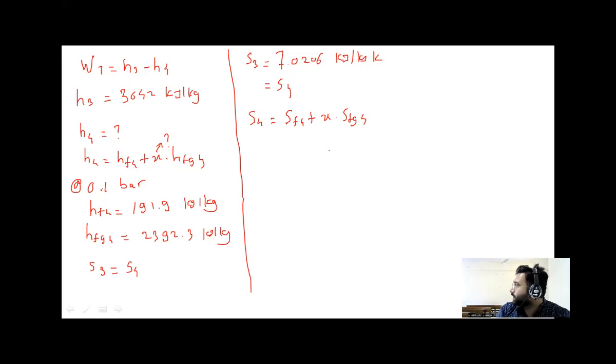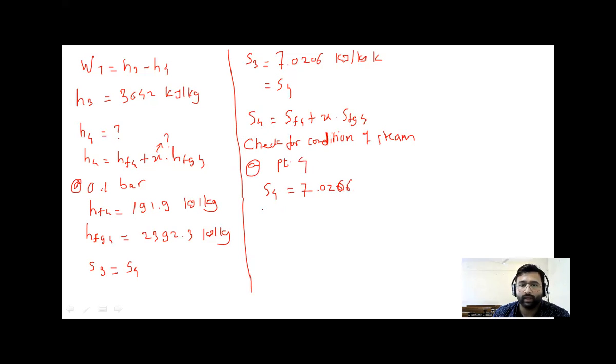So here you can check. What is the condition of steam? Check for condition of steam at point number 4. The entropy is 7.0206. What is the SG value at point number 4?